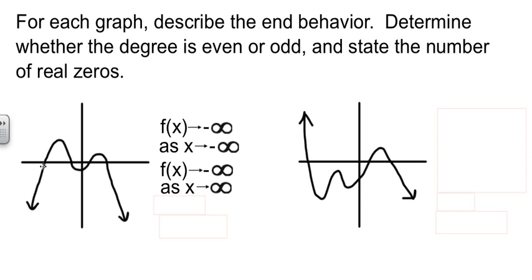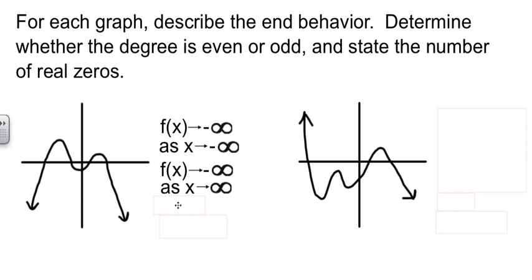On the other end, the function is going more and more negative, approaching negative infinity, as x gets more and more positive. This is what you're going to be writing for end behavior. And they have that on 324 there, so you can see what it looks like.